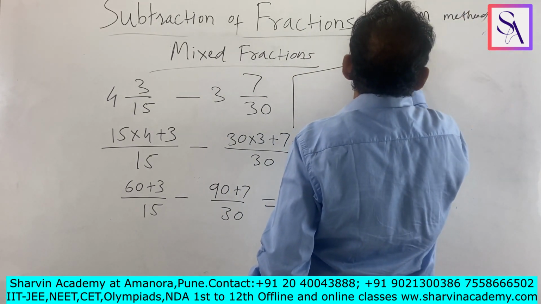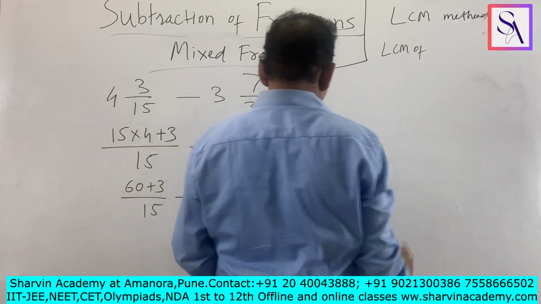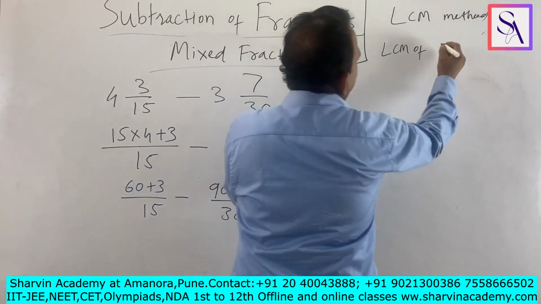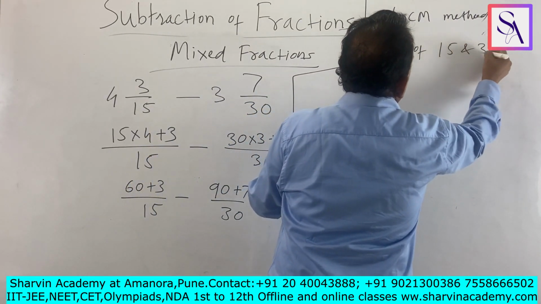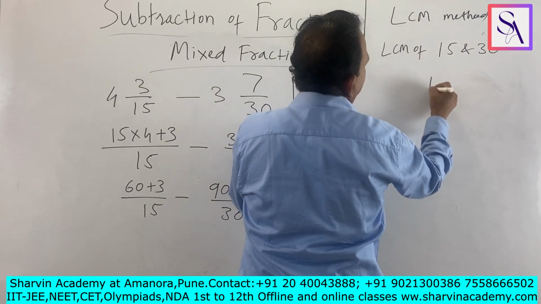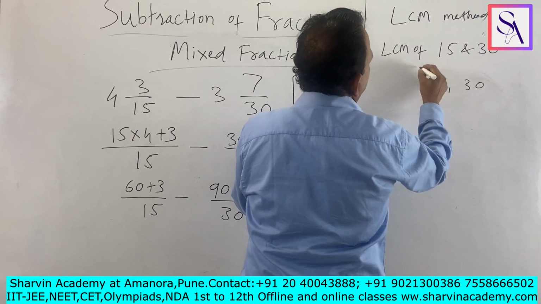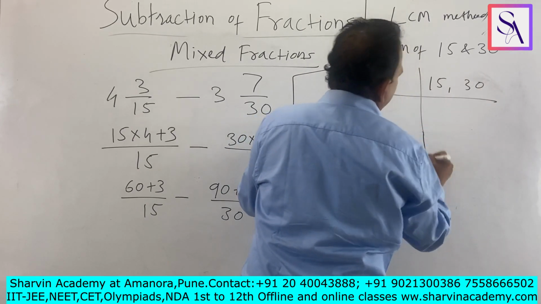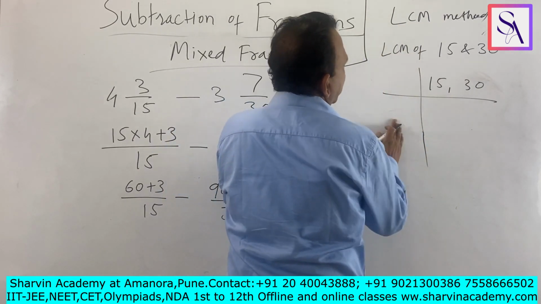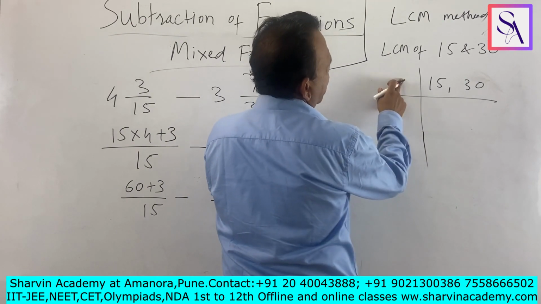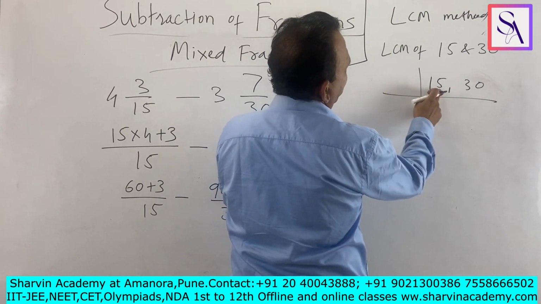So LCM of 15 and 30. How to calculate it? I have to write 15, 30 like this, then do this arrangement. Then I have to start with the lowest number, 2. Is 15 divisible by 2?